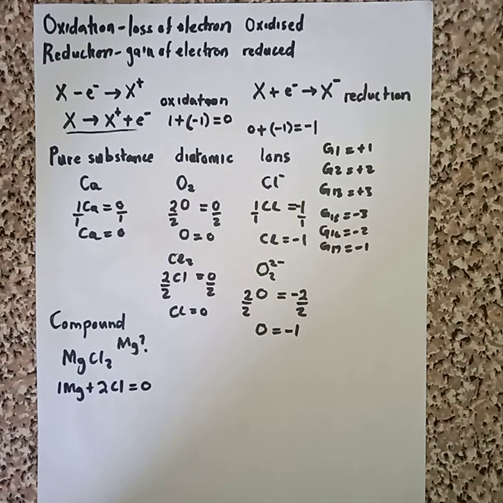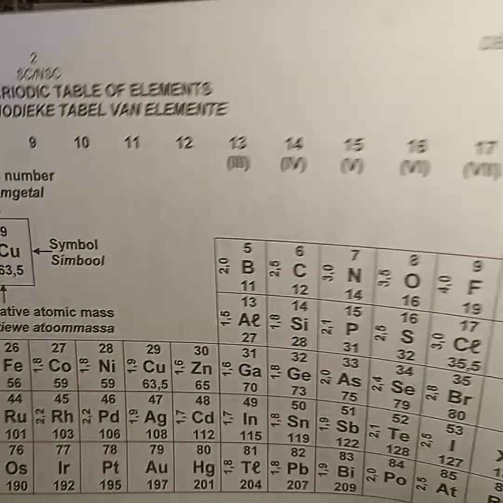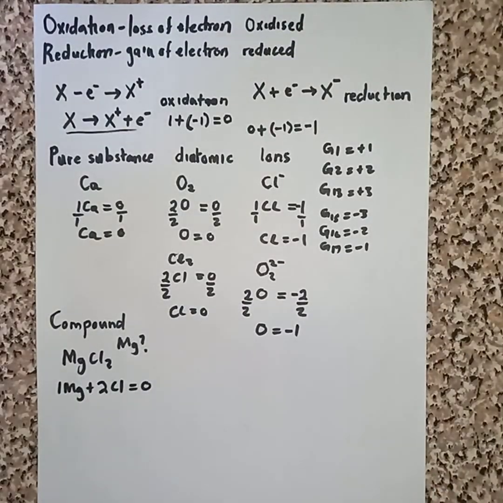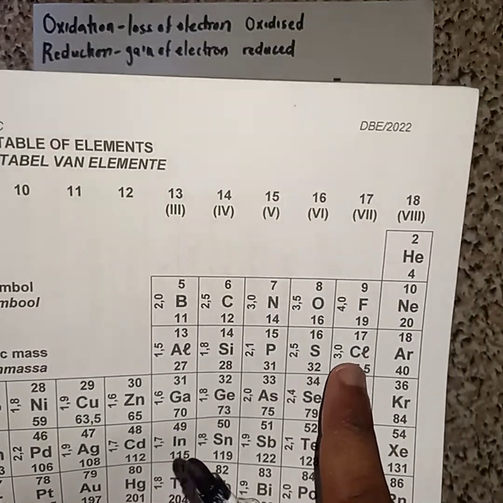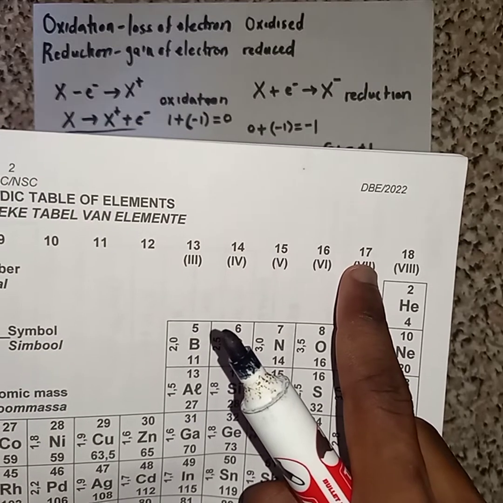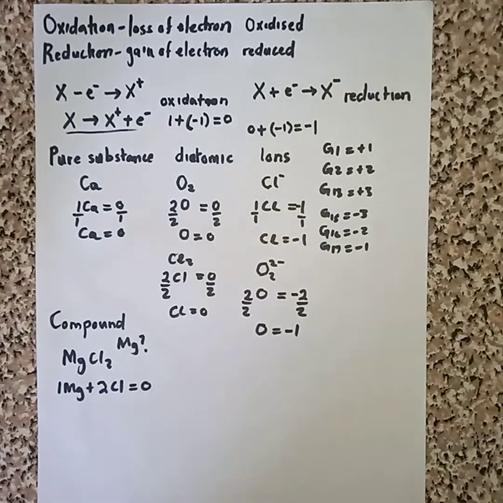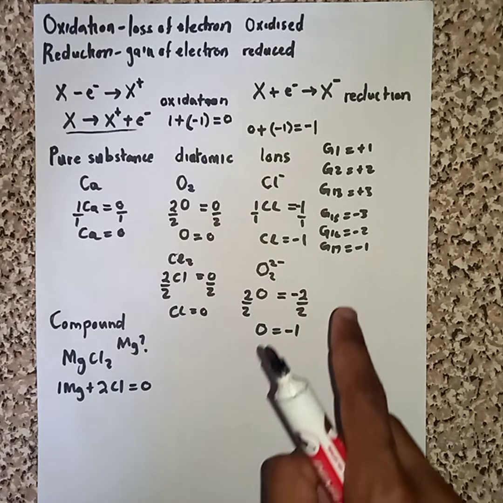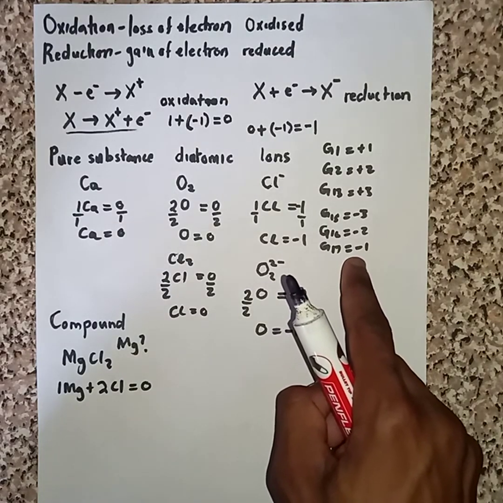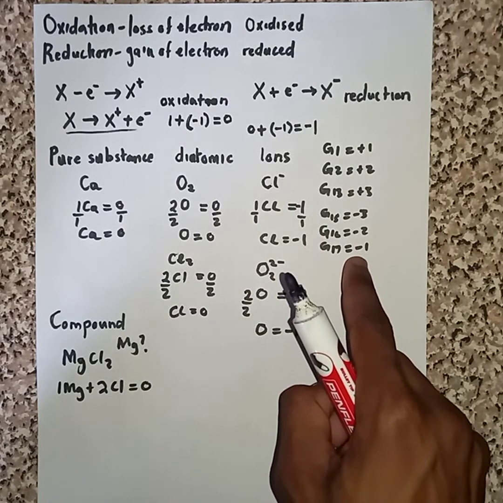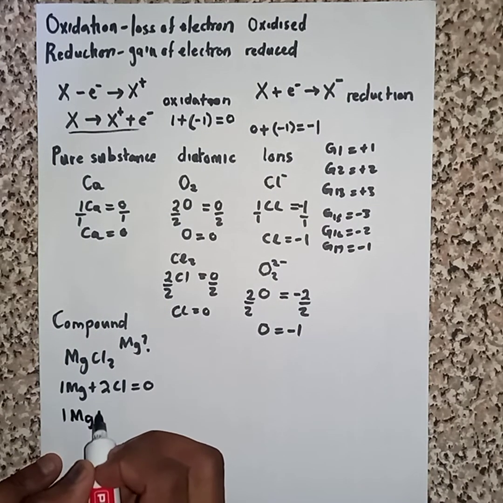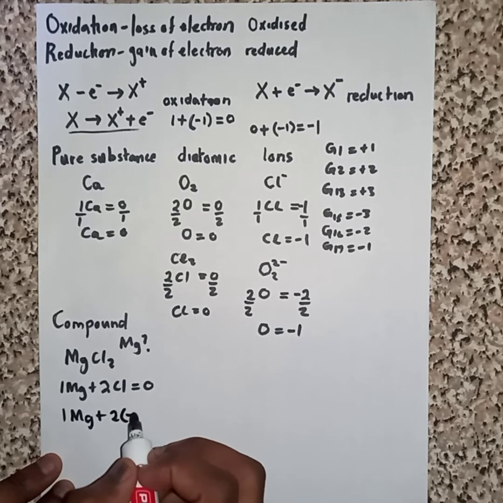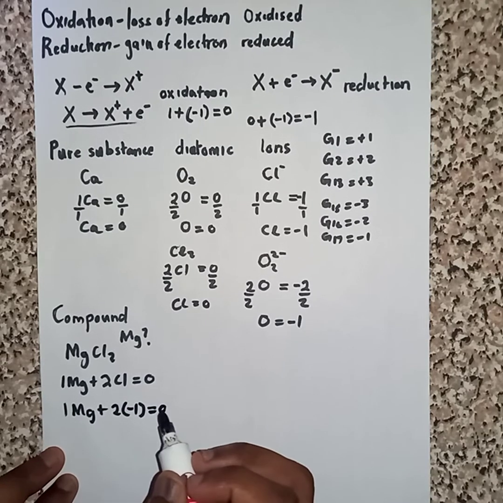Then you take your periodic table and figure out where Cl is situated. Cl is in group 17, and the oxidation number of that group is -1. Where you see Cl, put -1, so it's 1 Mg plus 2 open bracket minus 1, equated to 0.